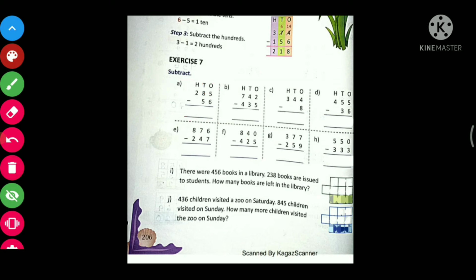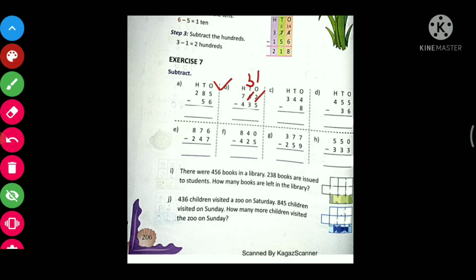Now see B part. In ones place 2 is there, so imagine 2 lines. Is it possible to cut 5 lines from 2? No, right? So it will borrow 1 from the tens. Now this 1 will become 10 when it goes to the ones place.